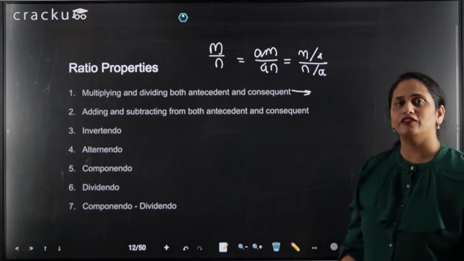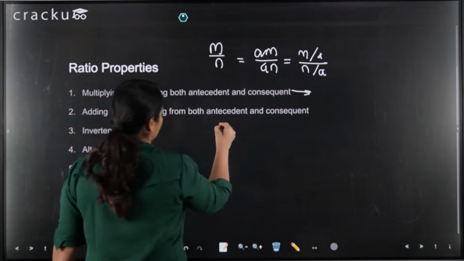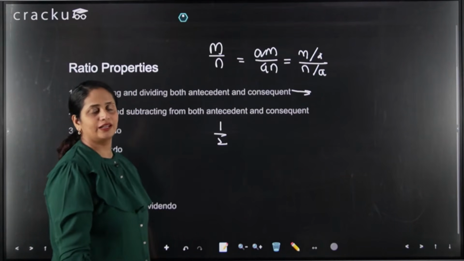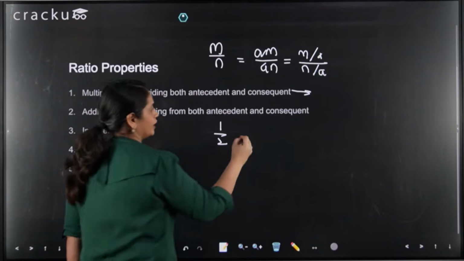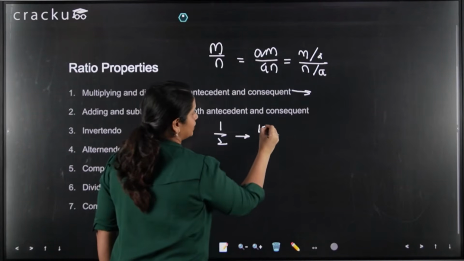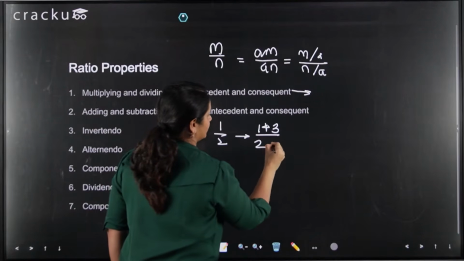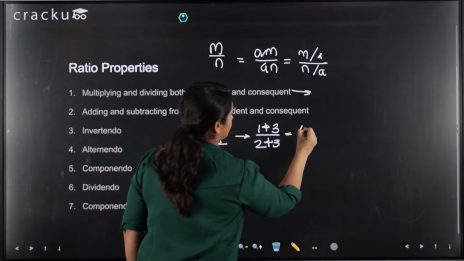Now, how does it affect if you add or subtract? Consider the ratio half. If I add 3 to the numerator and 3 to the denominator, how does it change this ratio? This will become 1 plus 3 and this will become 2 plus 3. So this will become 4 by 5.